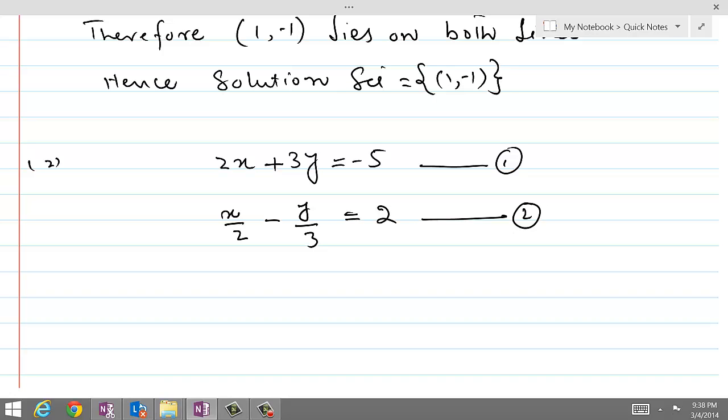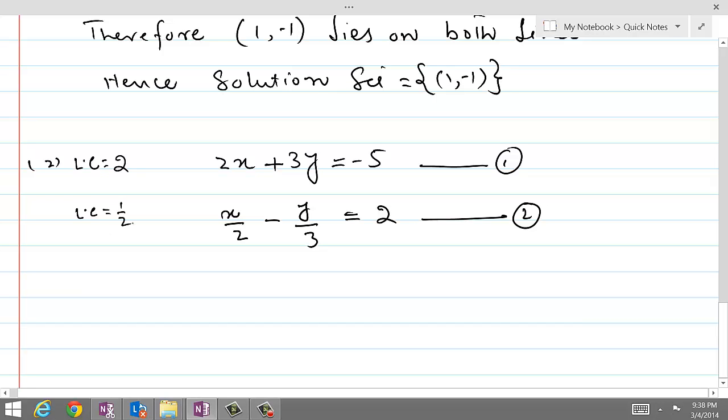But if we would like to go an easier way, what we should do is find the leading coefficient. LC, for leading coefficient, for equation 1 is 2, including the sign, and LC for equation 2 is 1 over 2, the coefficient of x in equation 1 and in equation 2.